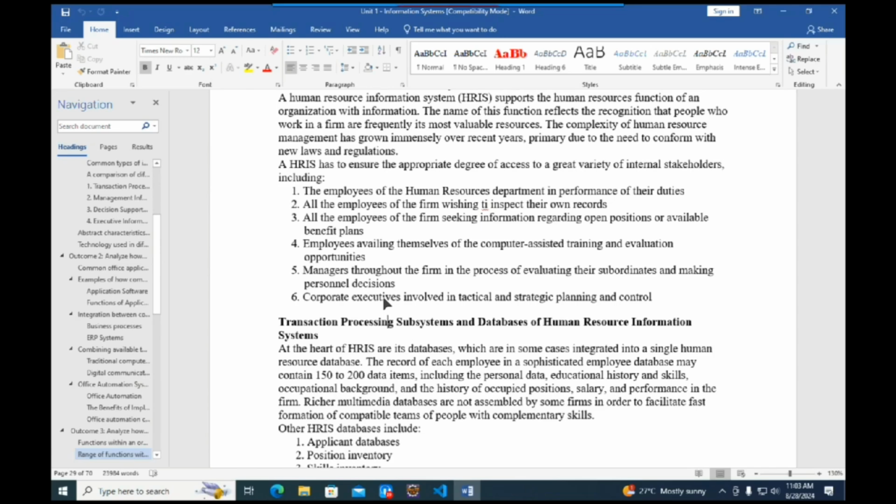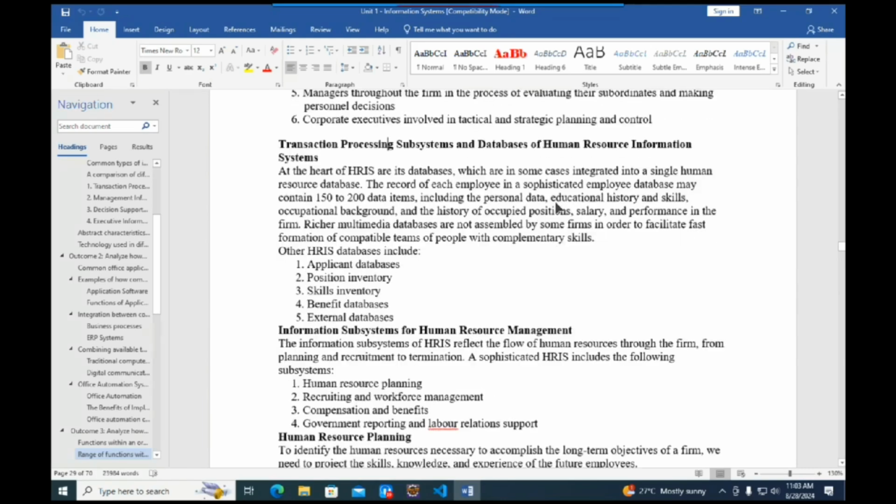Then employees seeking information regarding open positions or available benefits plans. We also have managers throughout the firm who are going through the process of evaluation and making personnel decisions.